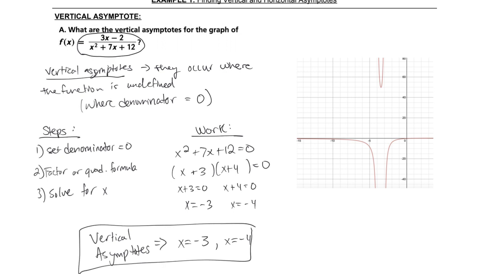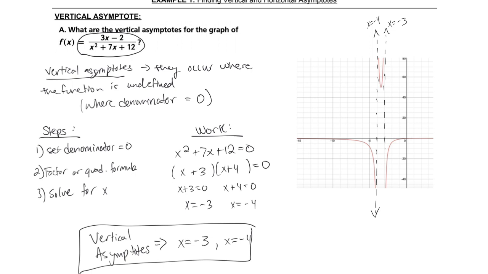And how we draw them on a graph is that we use dotted lines for those lines, right? So we find -4 here, and we're going to make a dotted dashed line vertically. So this is x equals -4, right? And then x equals -3.